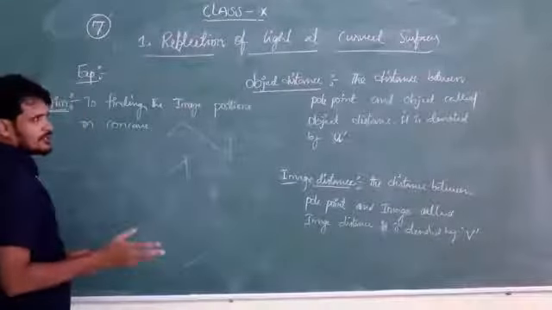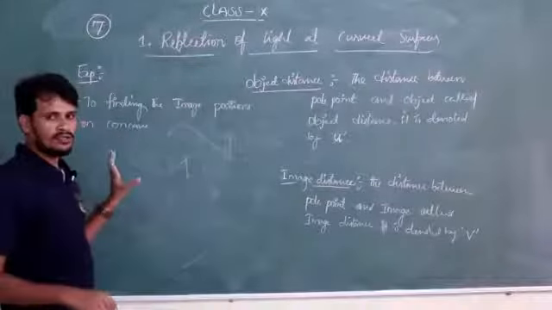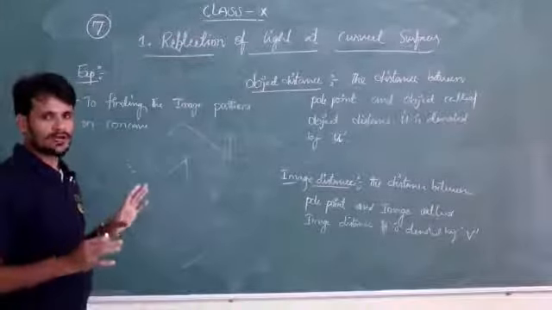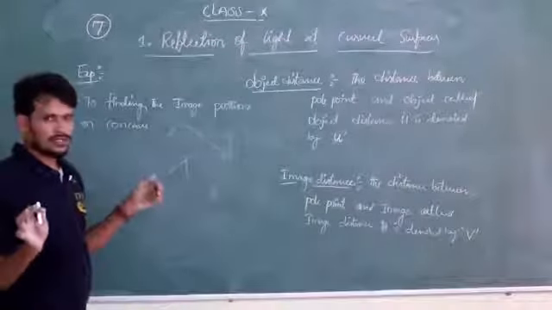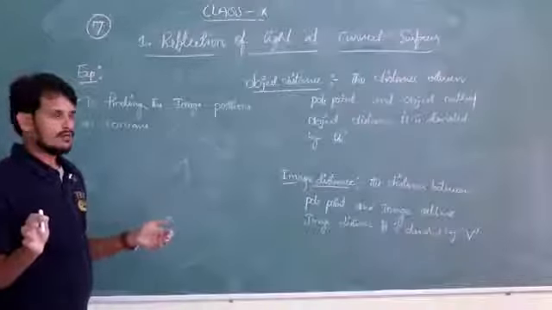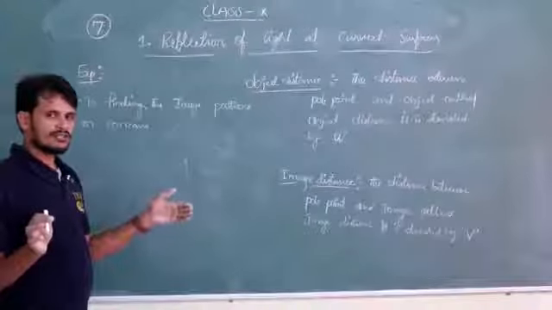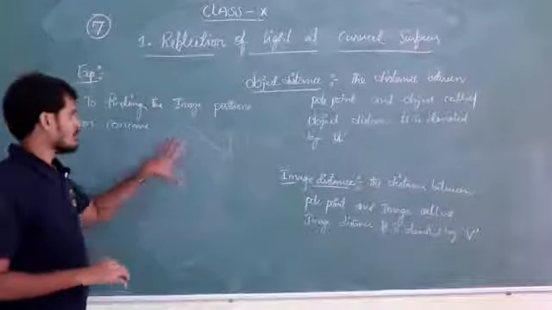We know that now, sir. Image positions we already did know. But we are using concave mirror right now as a practical, as an experiment. Without focal length, without center of curvature, find the images by using the distances, and find what is focal length and what is center of curvature.